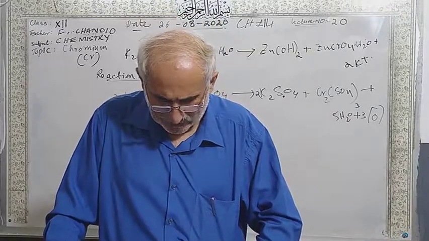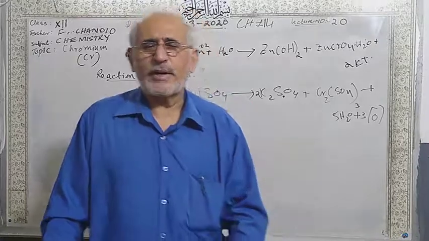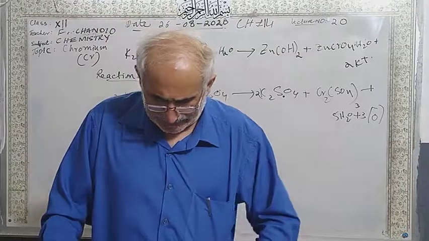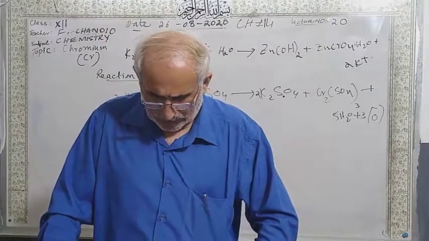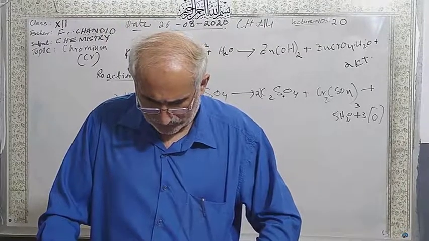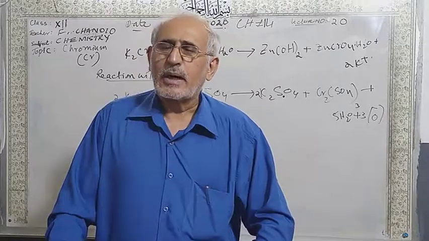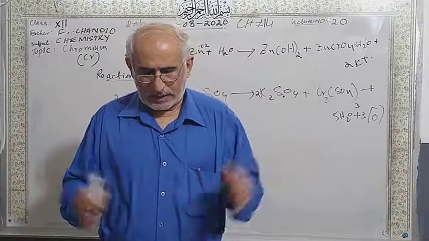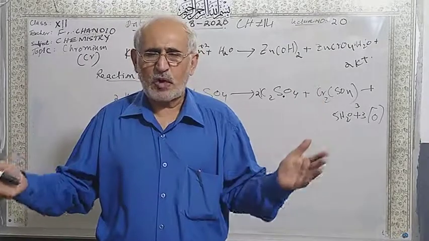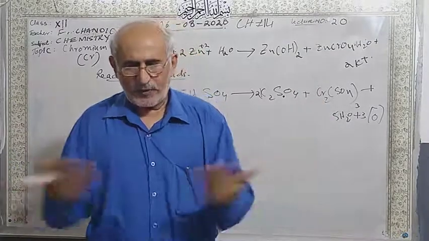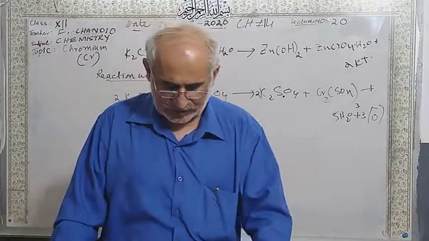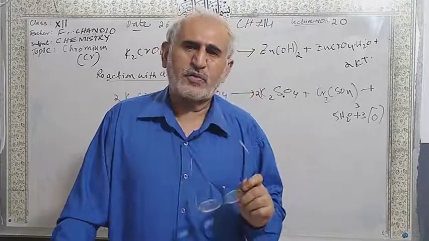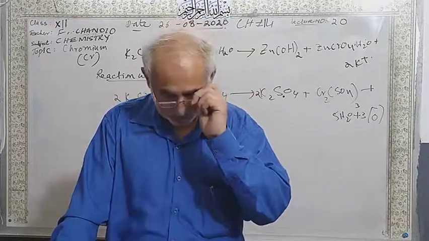So hexa aqua chromium 3, inverted commas are only for the sake of simplicity, and hexa aqua chromium 2 is going to be formed. Color is blue. So this orange color and blue color are going to form an intermediate in between these two oxidation states. The intermediate oxidation state, positive 3, is also formed.